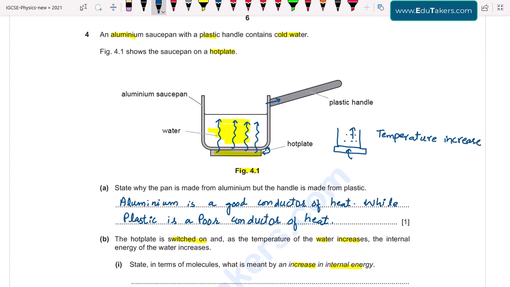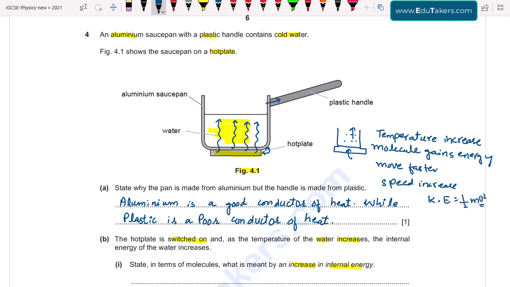As the energy is associated with temperature, by the increase in temperature, the molecule gains energy. Then molecules gain energy and they move much faster. When they move faster, it means that their speed increases. And we know that kinetic energy is equal to half mv square.